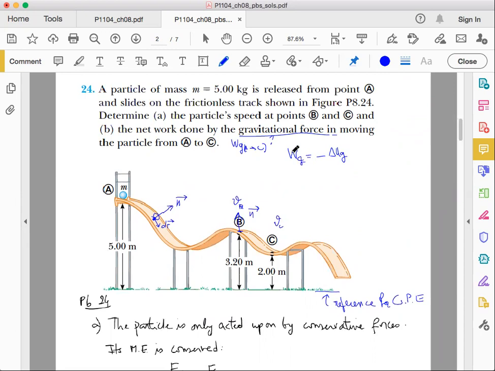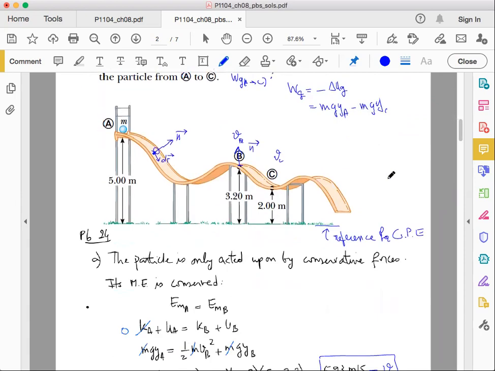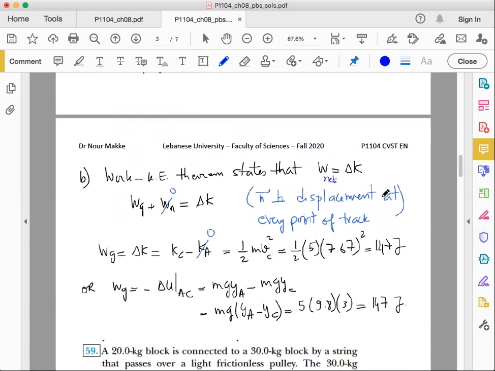Then Wg is equal to minus delta Ug. So it's equal to m g yA minus m g yC. And if you make the numerical application as we have done here, you will see that we obtain exactly the same result. Wg is equal to 147 joule.